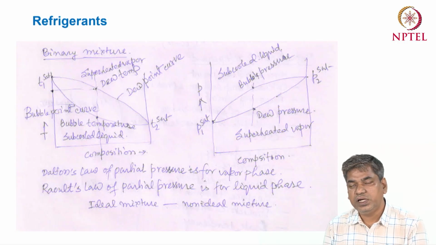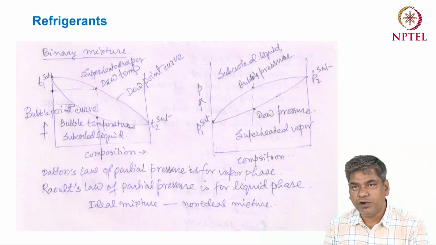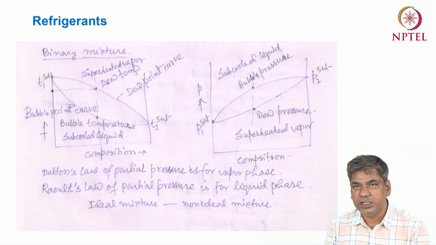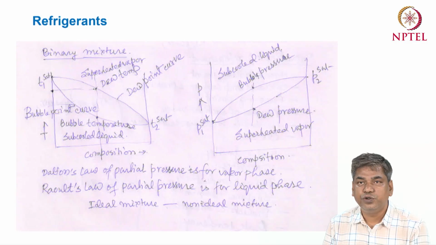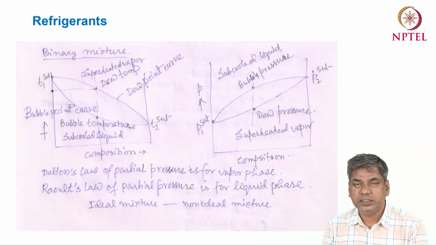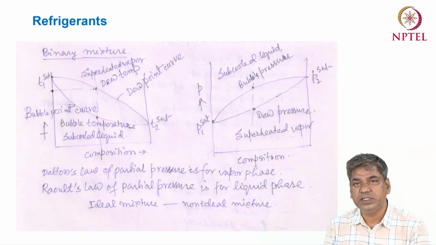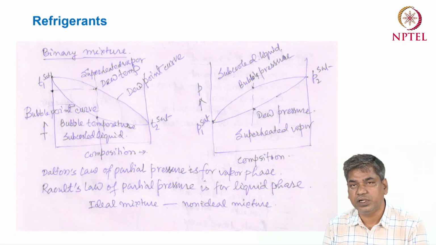The boiling point curve means, for any composition, if you heat the mixture, the point where the boiling starts gives the temperature, and the location of that temperature is called the boiling point curve.